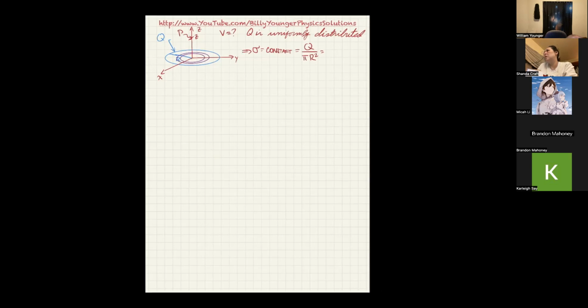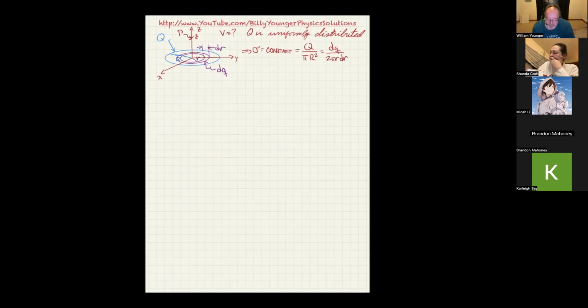And this one has, in fact, a radius little r, and it has a width dr, so that that little guy is the charge dq. And what we get over here is dq over 2 pi r dr.